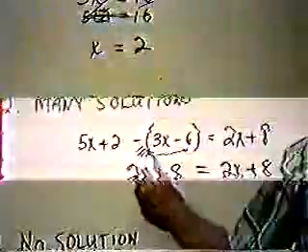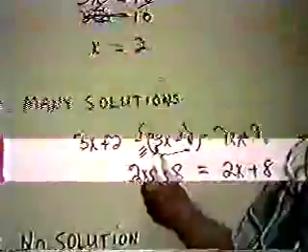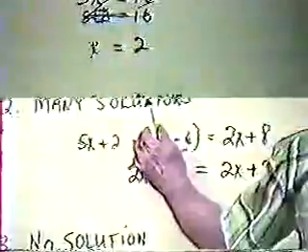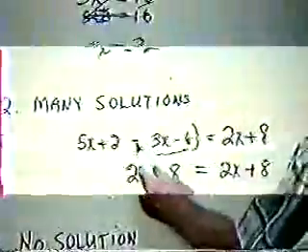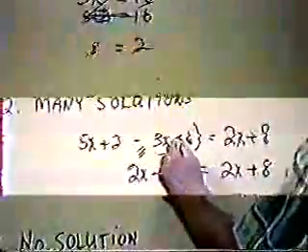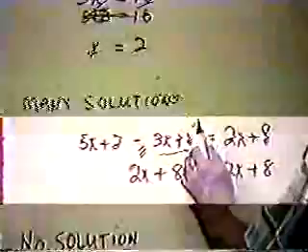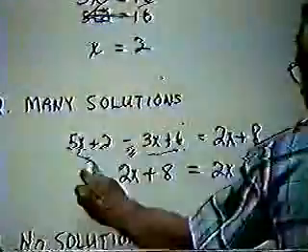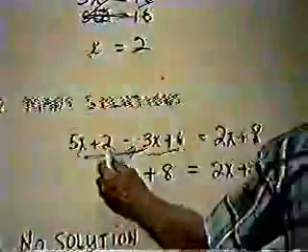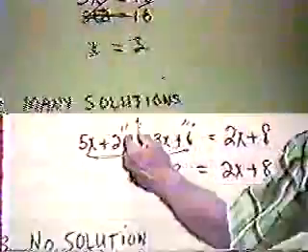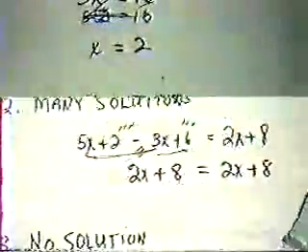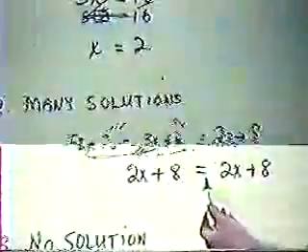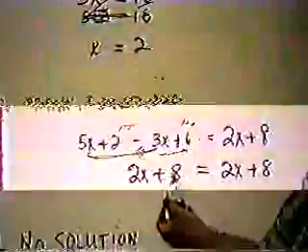So a minus times this would be a minus 3x. Then the minus times a minus would make this a plus. And so now we have 5x minus 3x. We add the x's to the x's. We get 2x. We add the numbers to the numbers. And we get 8. And look what happens. We get an equation that has the same exact thing on both sides.